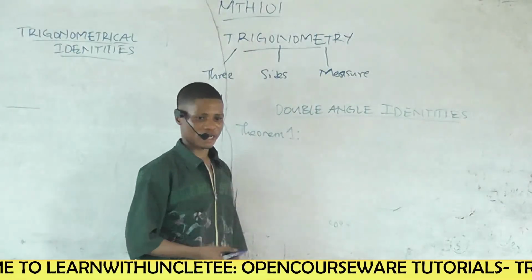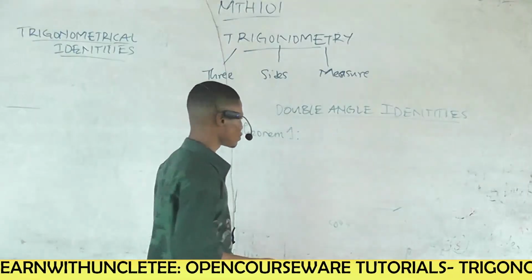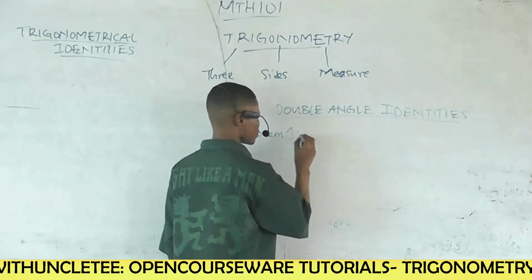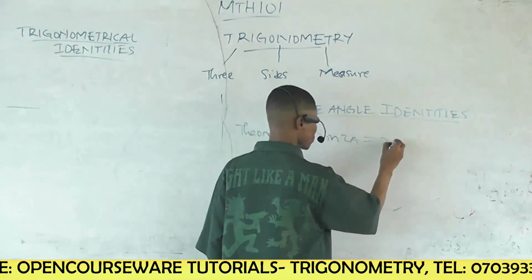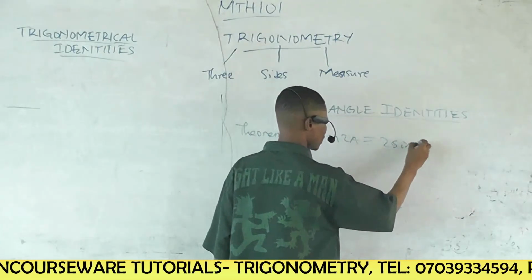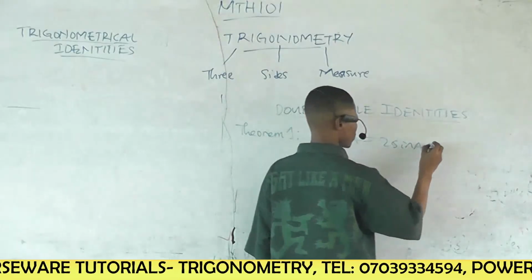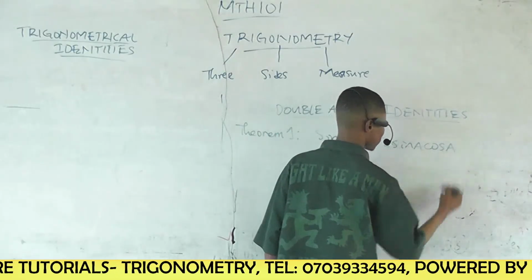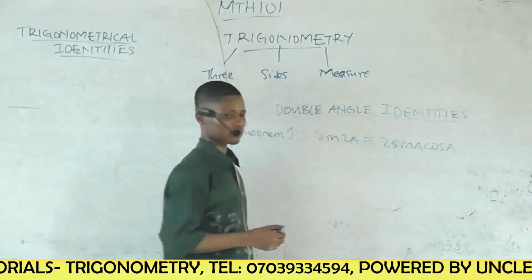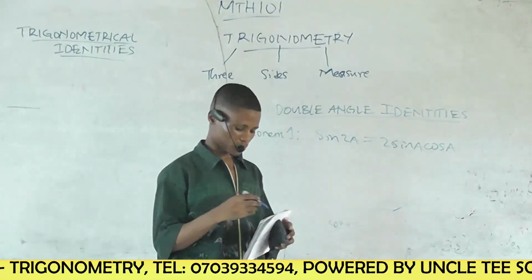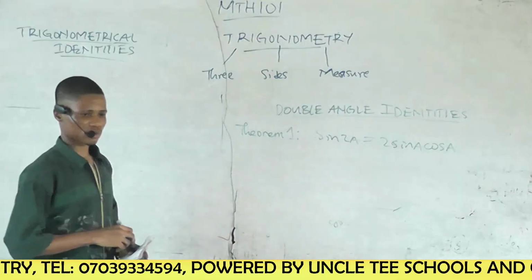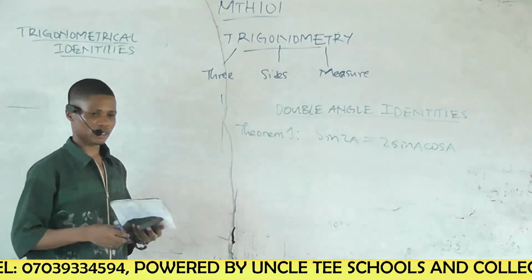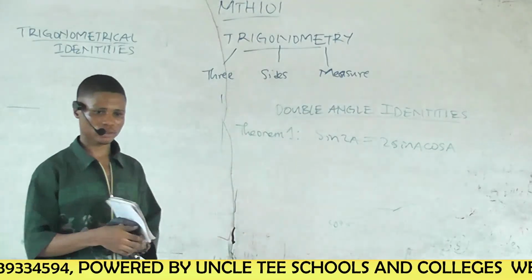Double angle identity. Theorem 1: sine 2A is equal to 2 sine A cos A. Now, this is what we want to prove.